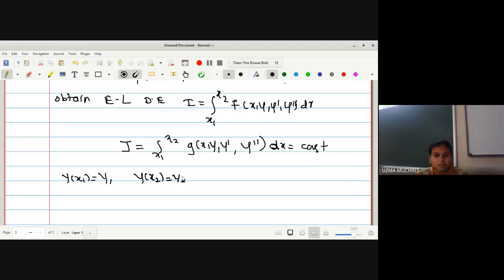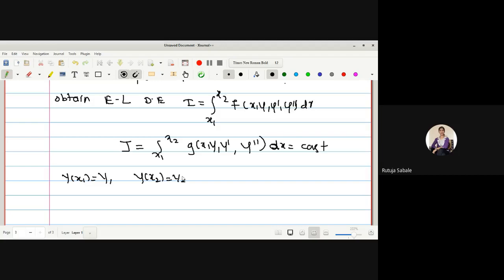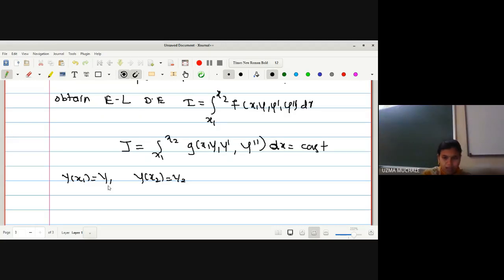Okay, this is the fifth time we are going to see the Euler-Lagrange's theorem. Can anyone predict what our Euler-Lagrange's equation will be for this case? Dou f star by dou y minus d by dx of dou f star by dou y dash plus d square by dx square of dou f star by dou y double dash. Correct. Since we have y double dash, there is one more term.